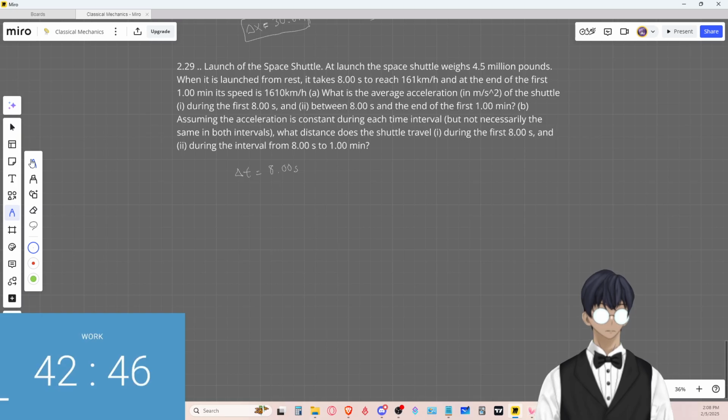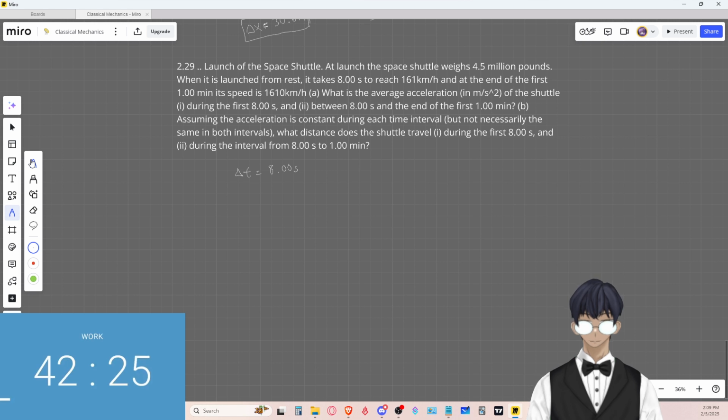B, assume the acceleration is constant during each time interval, but not necessarily the same in both. What distance does the shuttle travel during the first 8 seconds and during the interval from 8 seconds to 1 minute?